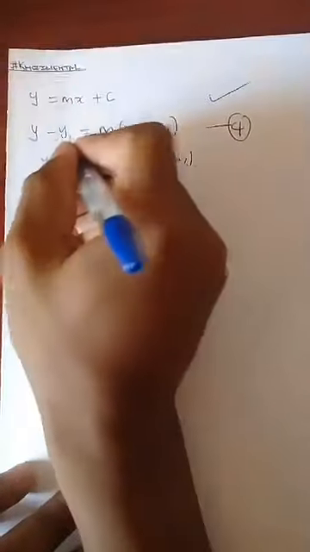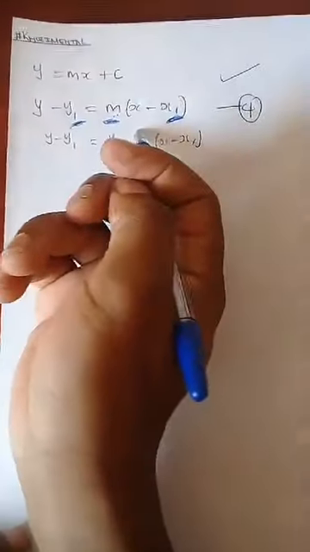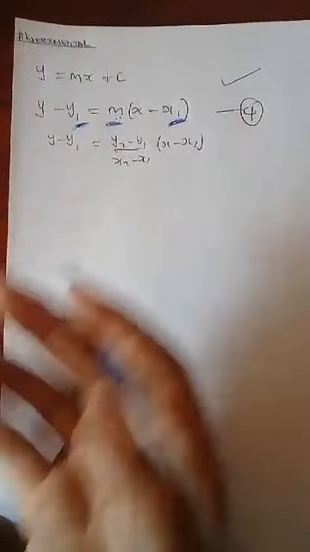How? This is how. And when we get to dealing with tangents to circles, this will come back, because a tangent is a straight line. So this is the equation of a straight line.